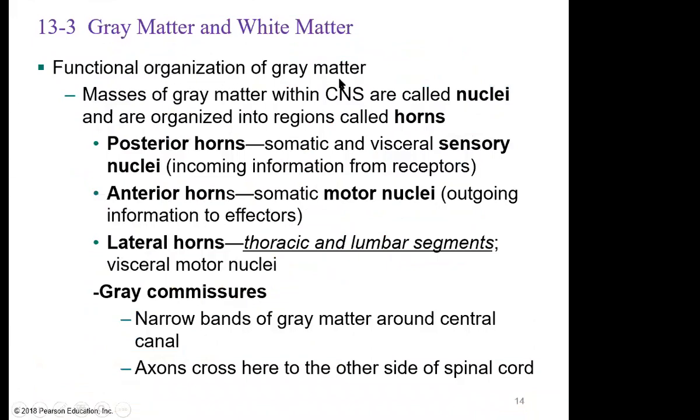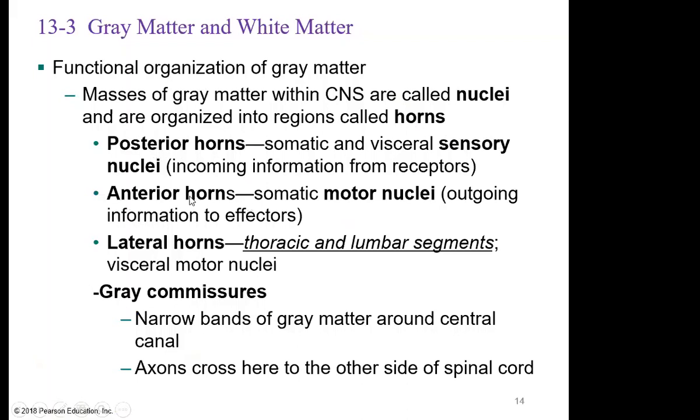So those masses of gray matter, that butterfly, called nuclei, are organized into horns. We already wrote that on our paper. Posterior horns, you should now have the somatic sensory, the SS, and the visceral sensory, the VS, in your posterior horn.